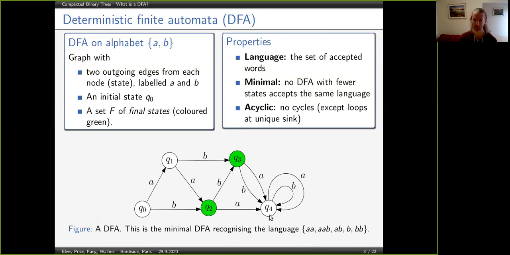That is, the sink being a non-accepting state which you can't leave. So there have to be some cycles, so we call it acyclic if the only cycles are at a unique sink. Okay, and so the connection with finite languages is that a minimal DFA is acyclic if and only if it recognizes a finite language.